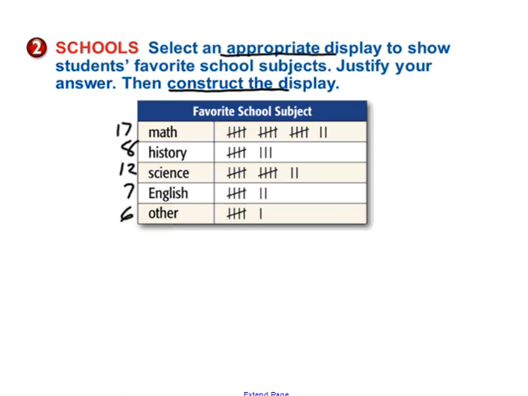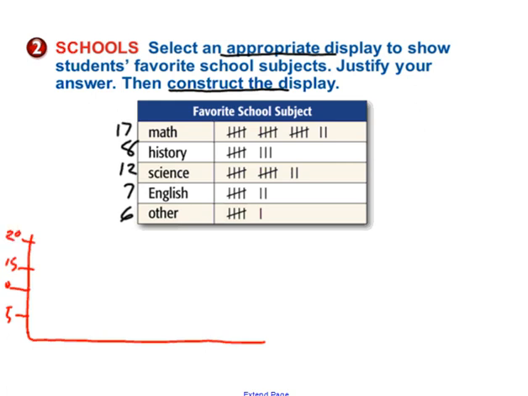So I'm going to start with my graph here. I'm going to go across like that. Let me move that a little bit to get a little more space to work. And I'm going to count by 5s going up here: 5, 10, 15, and 20 is high enough.